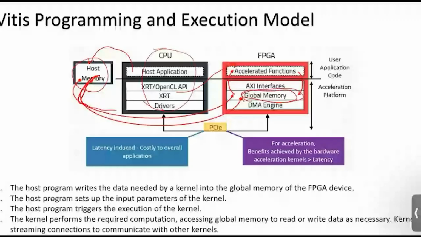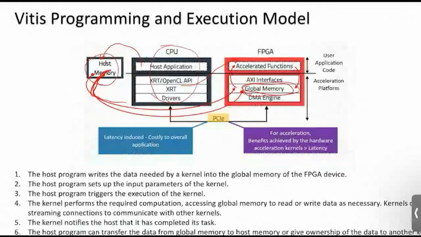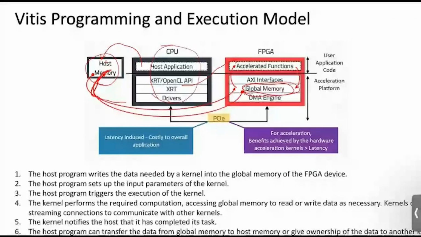In reality, the PCIe accelerator card can operate on data directly from the host memory. But in the Vitis or OpenCL programming model, they operate on the local memory, which is the global memory here.